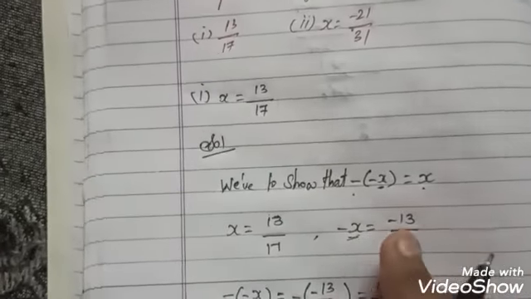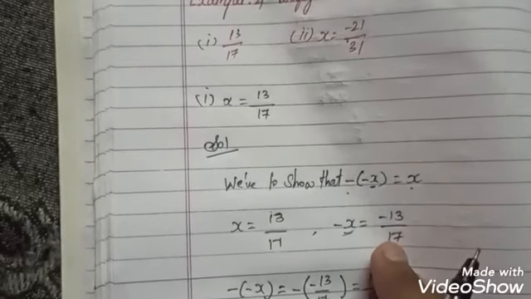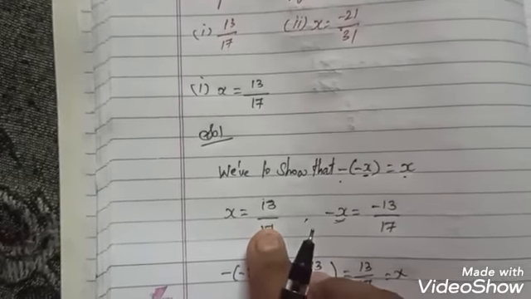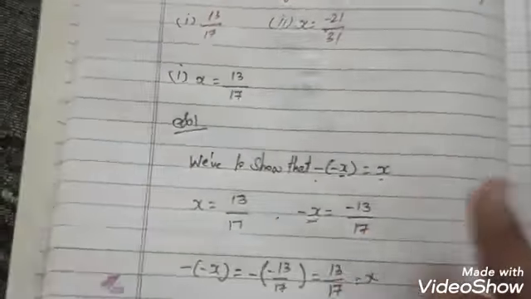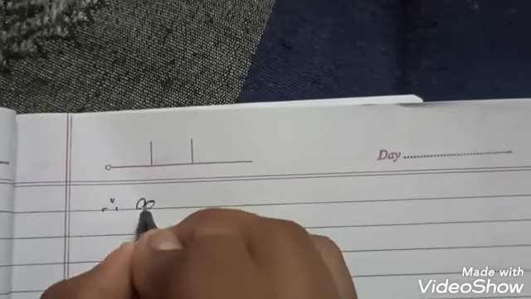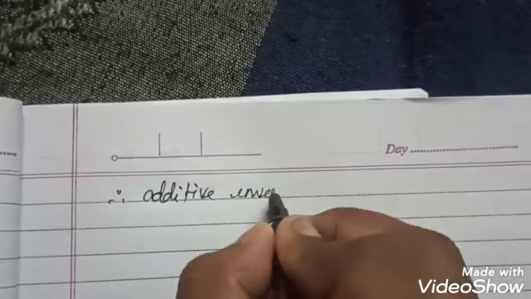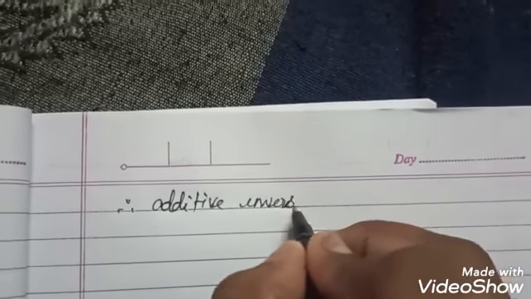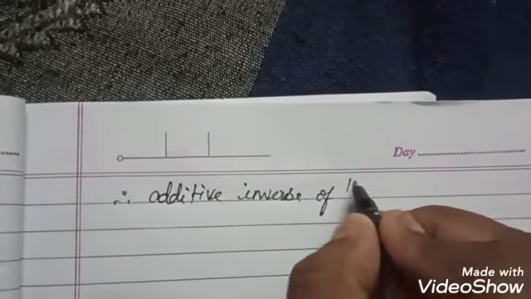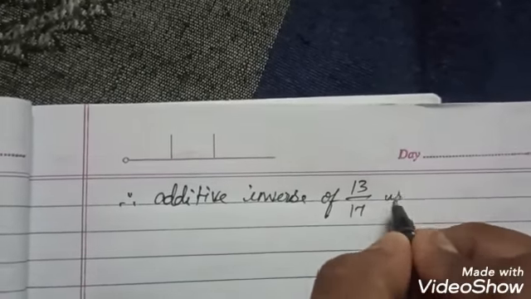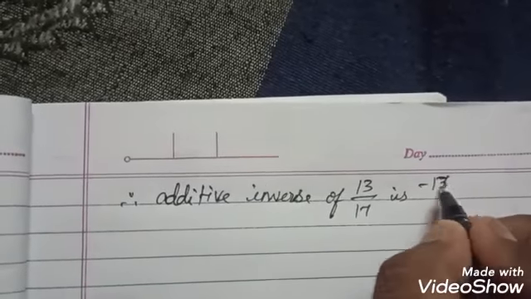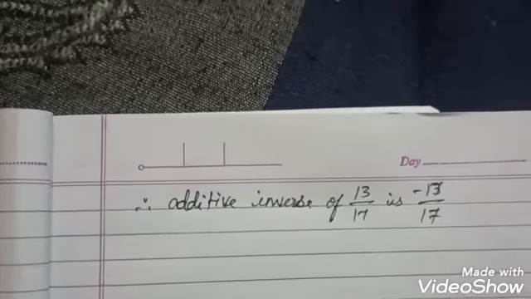So minus 13 by 17 is the additive inverse of 13 by 17. Therefore, the additive inverse of 13 by 17 is minus 13 by 17.